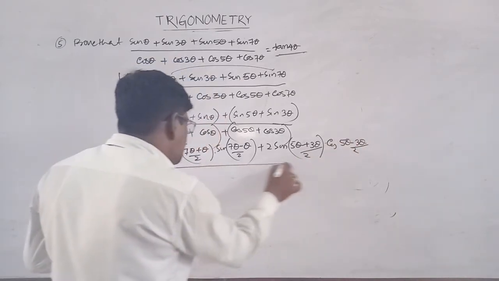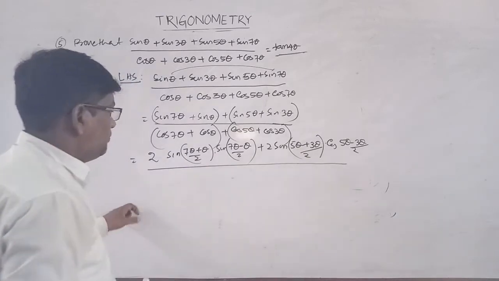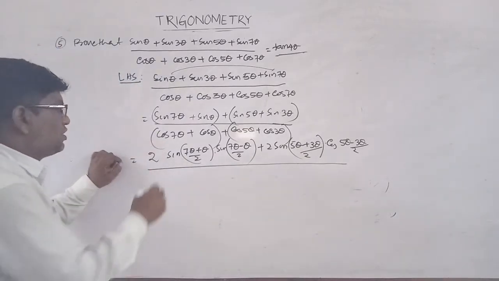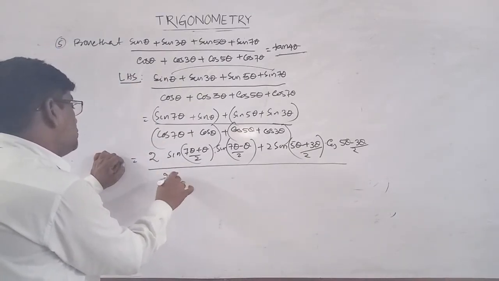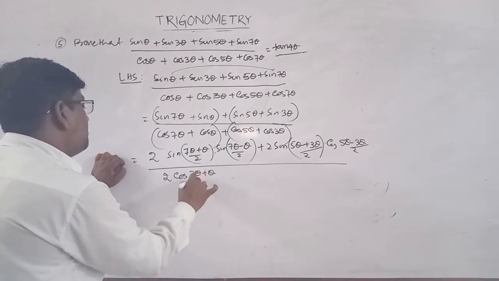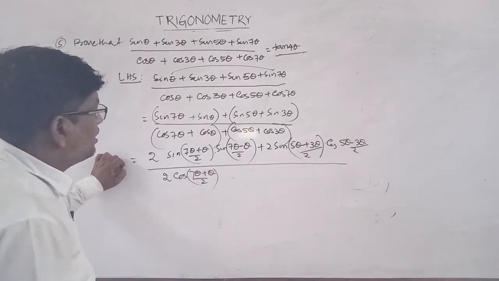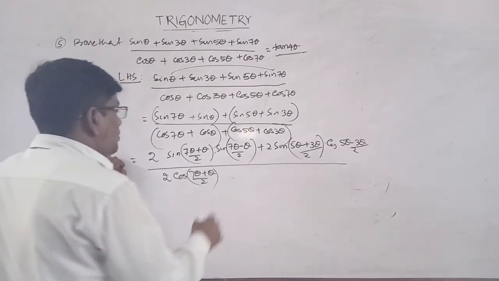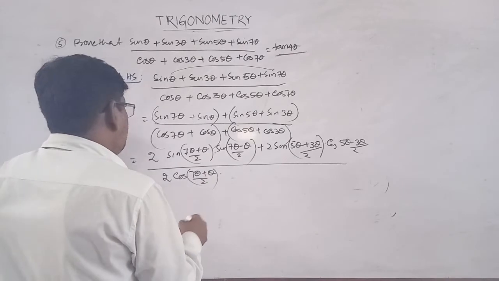Whole divided by, same concept here. The formula is 2 cos C plus D, so 2 cos 7 theta plus theta by 2 into what?